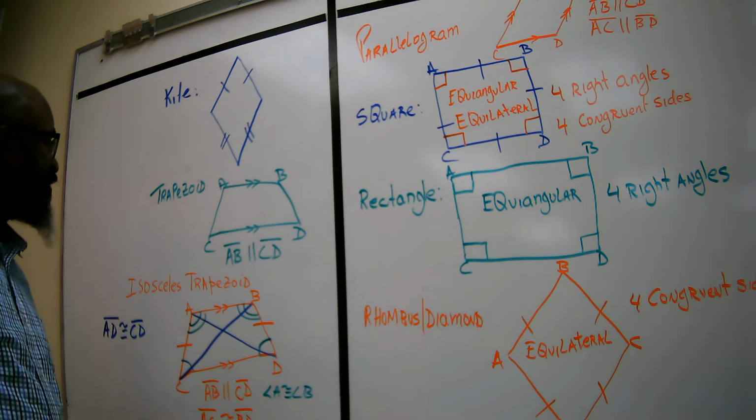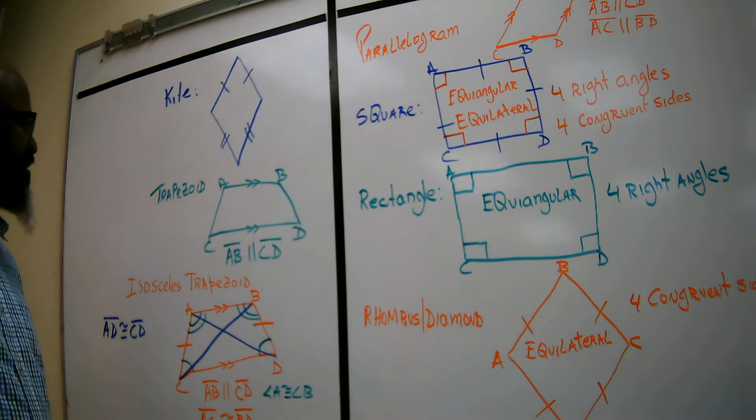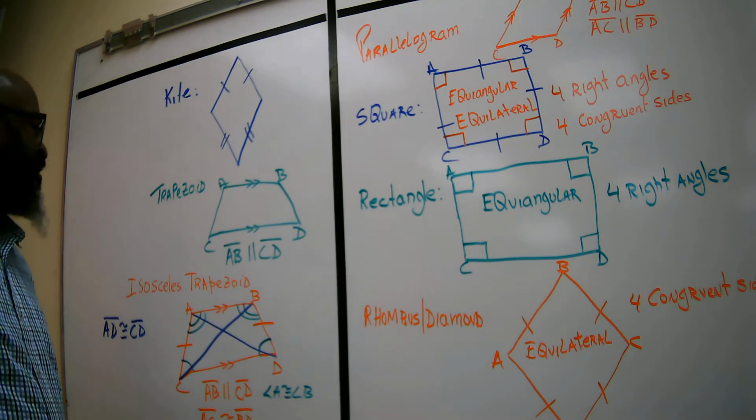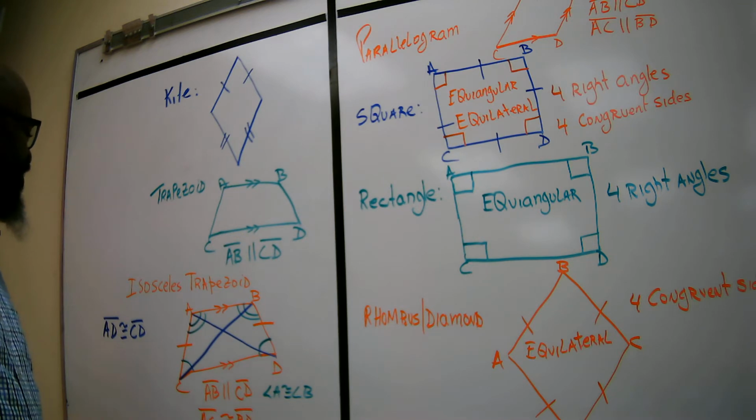We have a trapezoid that has a pair of parallel lines. The bases are parallel in the trapezoid, and we also have the isosceles trapezoid where the legs are congruent. So if you have an isosceles trapezoid, you will have base angles that are congruent: the bottom angles are congruent, the upper angles are congruent.